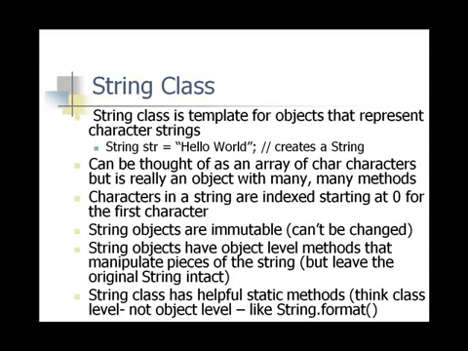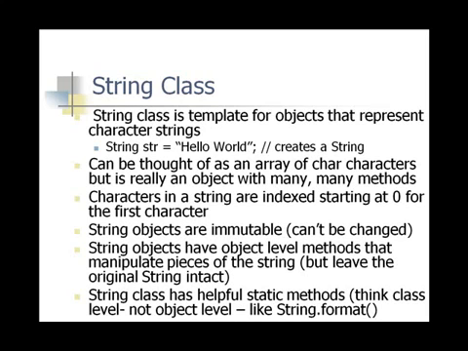We can just put a string of characters inside double quotes, and that automatically creates it. It's as if we said new String hello world. Strings are a very special class in Java, and they've been there from the beginning, and they decided they didn't want to have to say String str equals new String hello world.